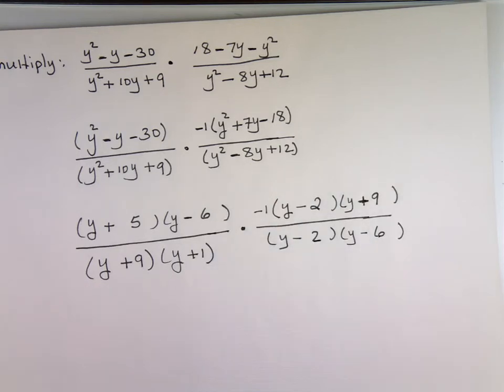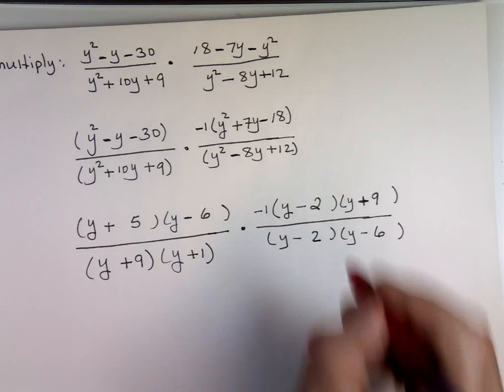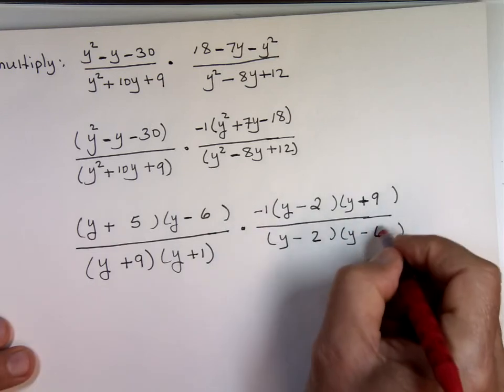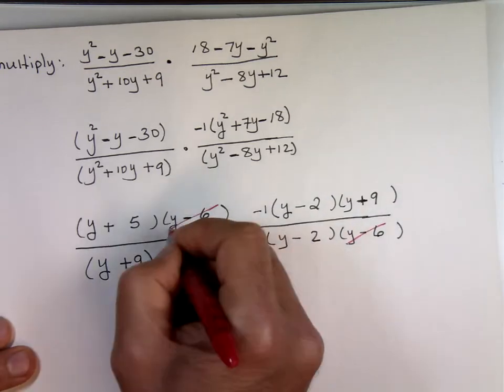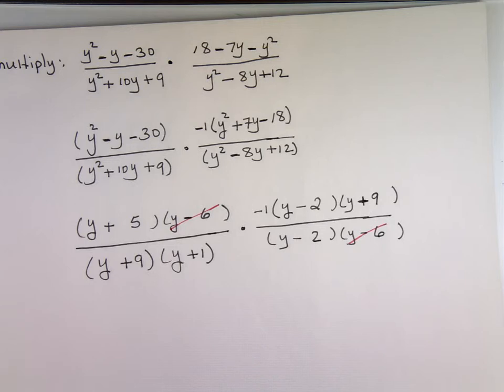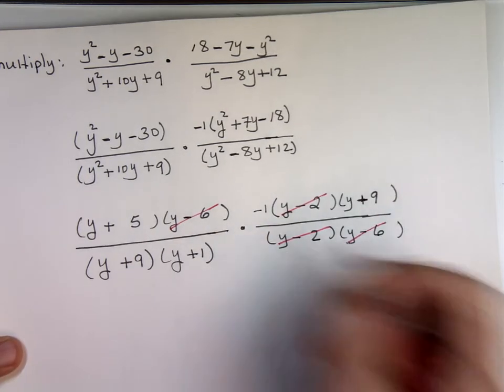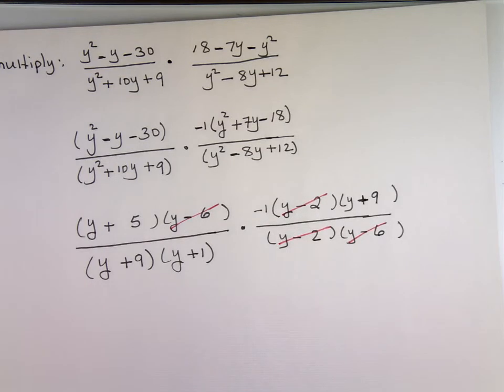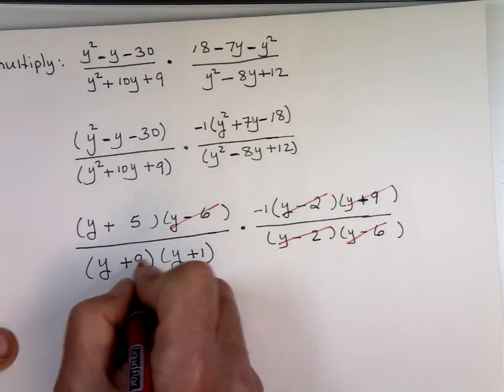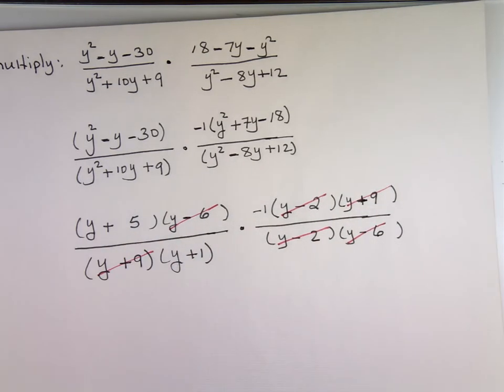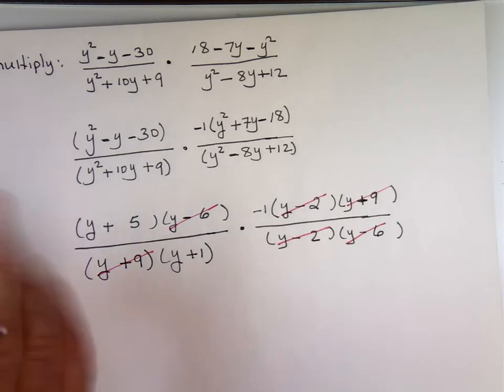And now let's see if we have anything the same top and the bottom. Look for the same thing. This y minus 6 with this y minus 6. This y minus 2 with this y minus 2. Anything else? Y plus 9, y plus 9. What is left?